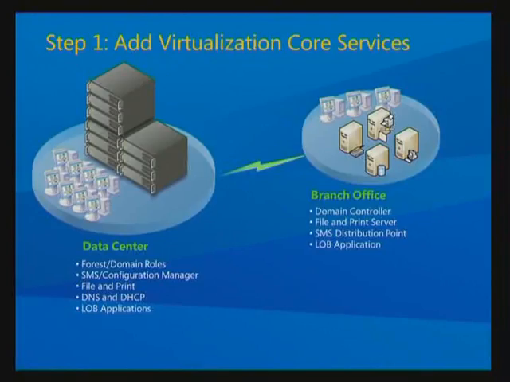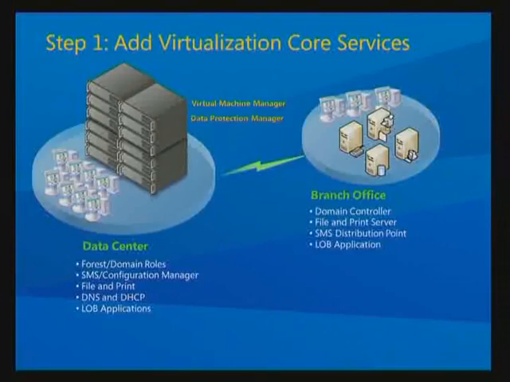So the first thing that you're going to want to do is add your virtualization core services. That typically involves installing some new servers. The first thing you're going to want to add to your infrastructure is Virtual Machine Manager. That's going to give you the basis to manage your data center environment and your branch office environment from a virtualization host standpoint.